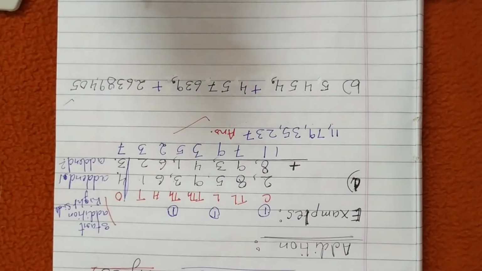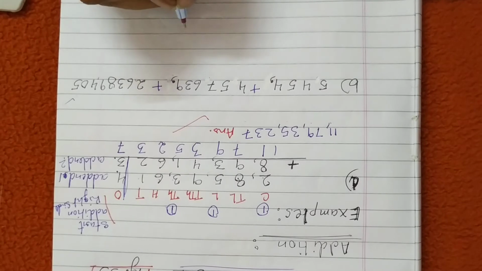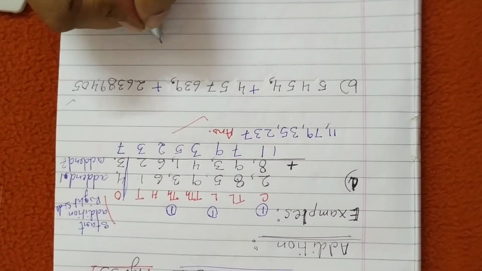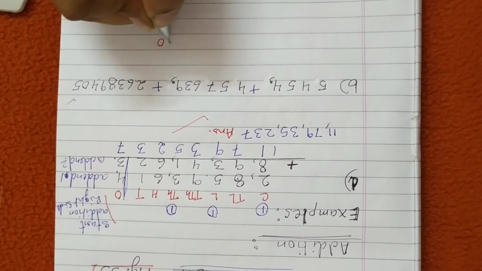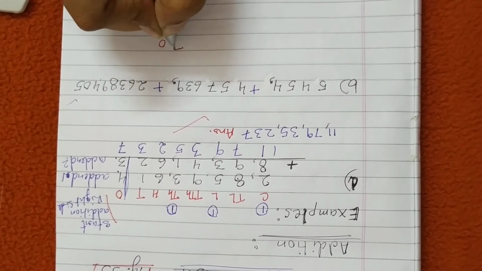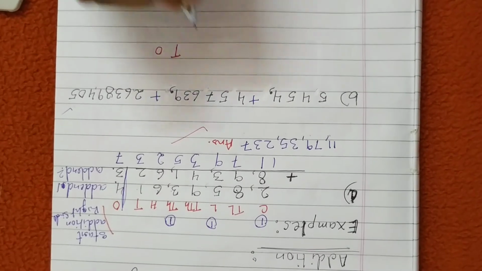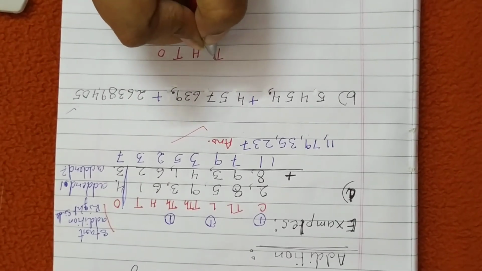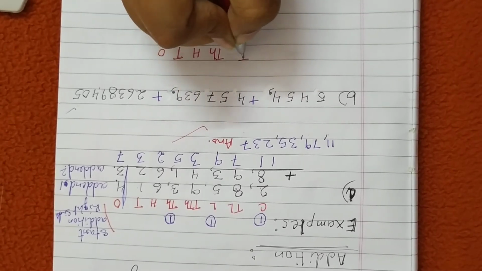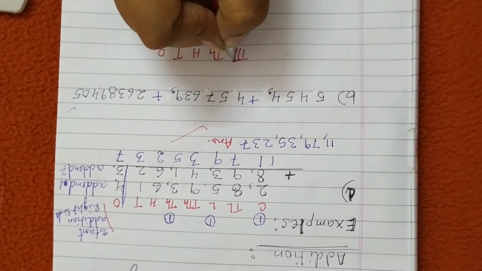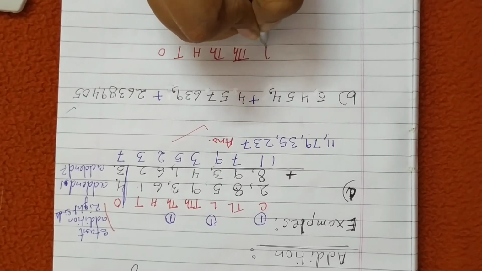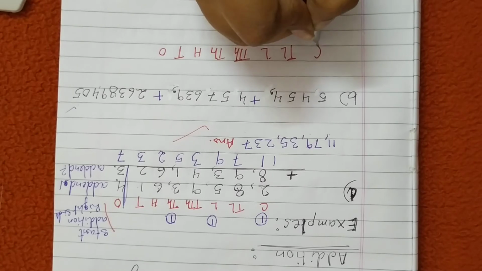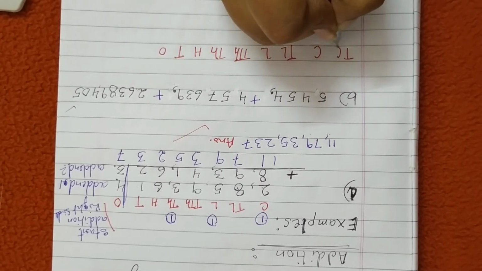Always start from the right hand side: ones place, tens place, hundreds place, thousands place, 10,000s place, lakhs place, 10 lakhs place, crore, 10 crore.